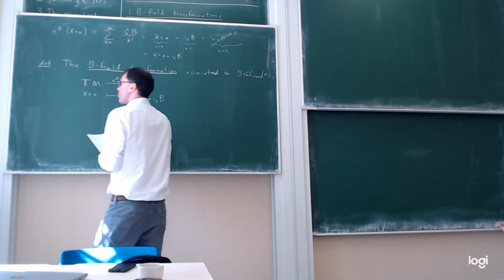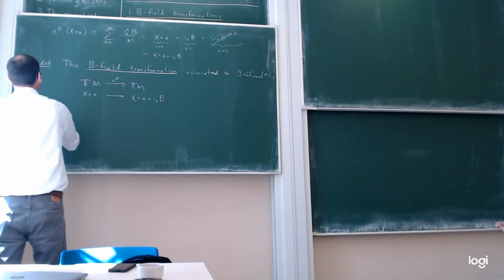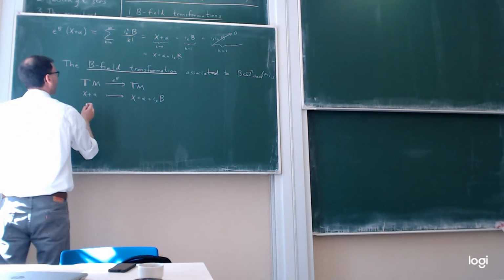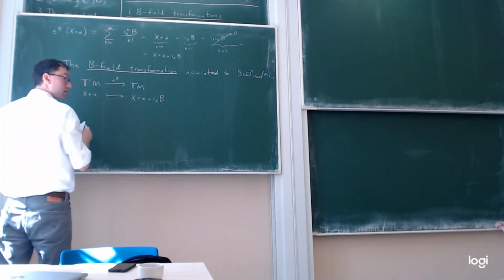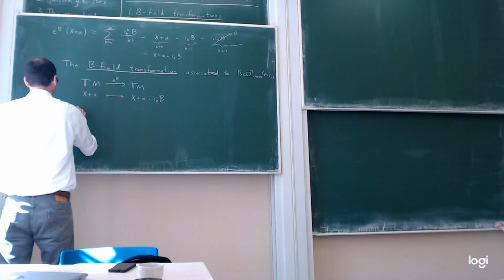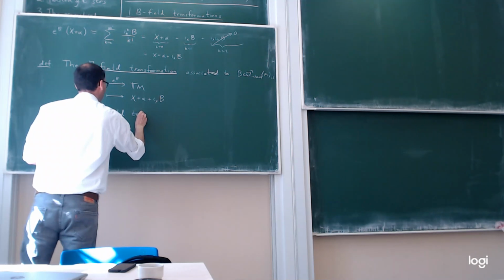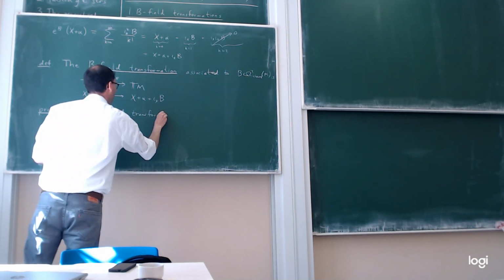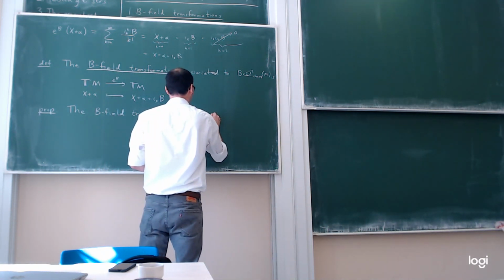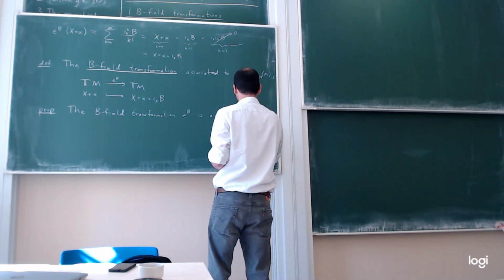And so today we'll have one proof, and that proof will go with the following proposition, namely that the B field transformation is an automorphism of Courant algebroids. So it's a Courant automorphism.